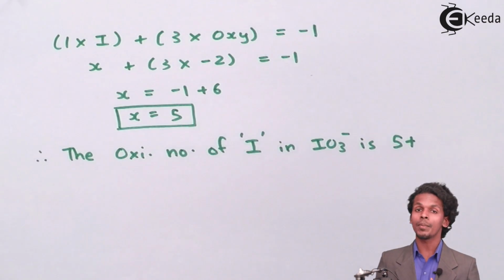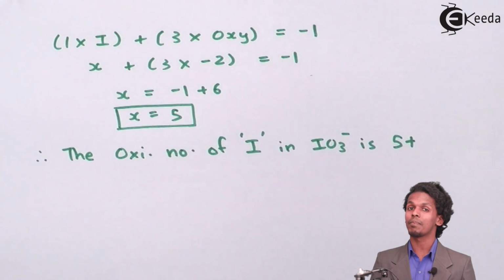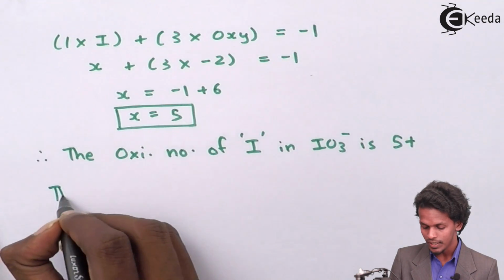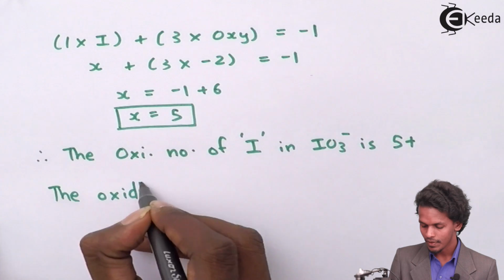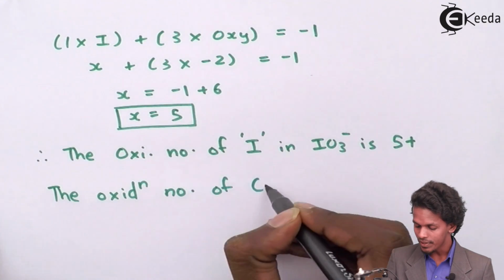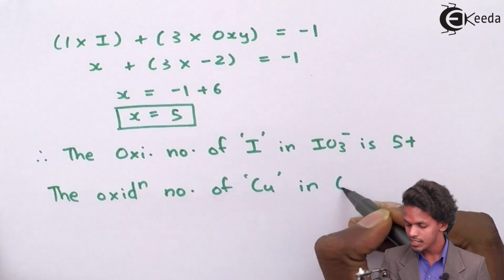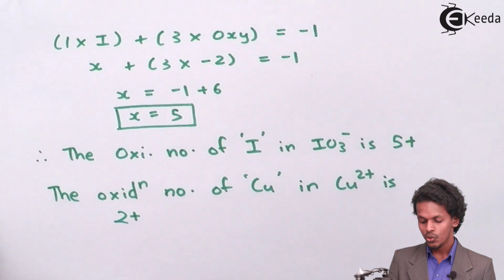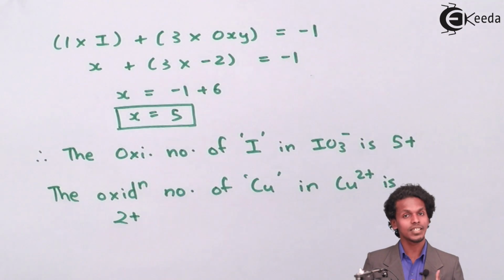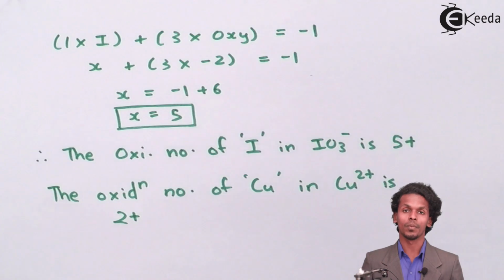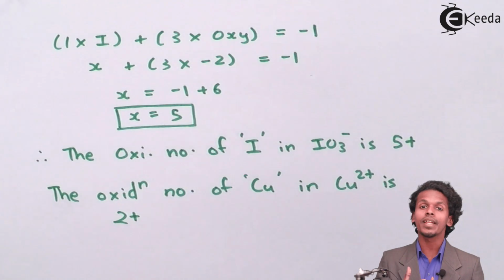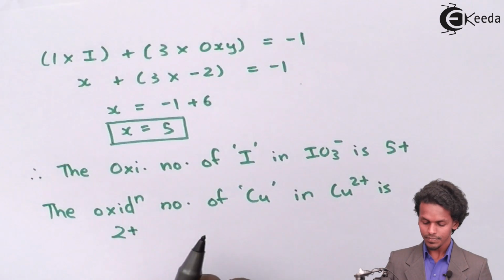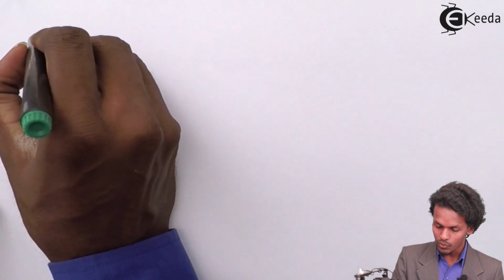Now we are going to determine the oxidation number of the atoms present in the product. In this case, Cu2+ is mentioned, so the oxidation number of copper in Cu2+ is nothing but 2+. It is clearly mentioned because it is present in an atomic form and not a molecular form, so we don't have to do the numerical to get the value. Moving to the next one, we have to calculate the oxidation number of I2.